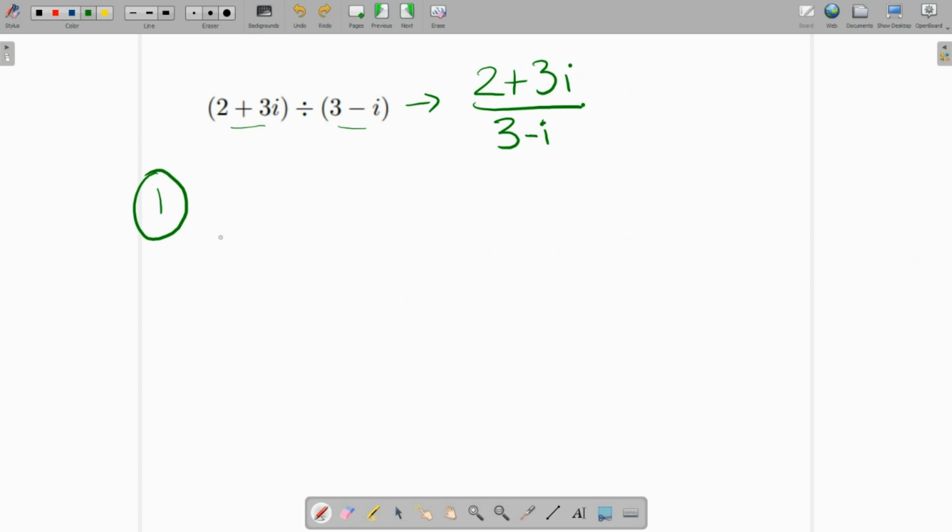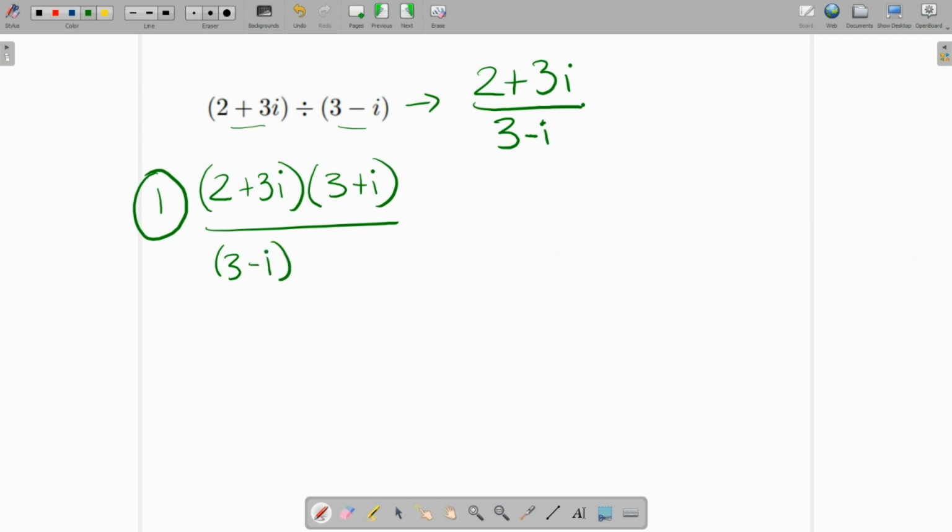So we do 2 plus 3i times 3 plus i, and we multiply it with plus i, because to get rid of or rationalize the i, we have to multiply by the conjugate. So we do 3 minus i times 3 plus i.